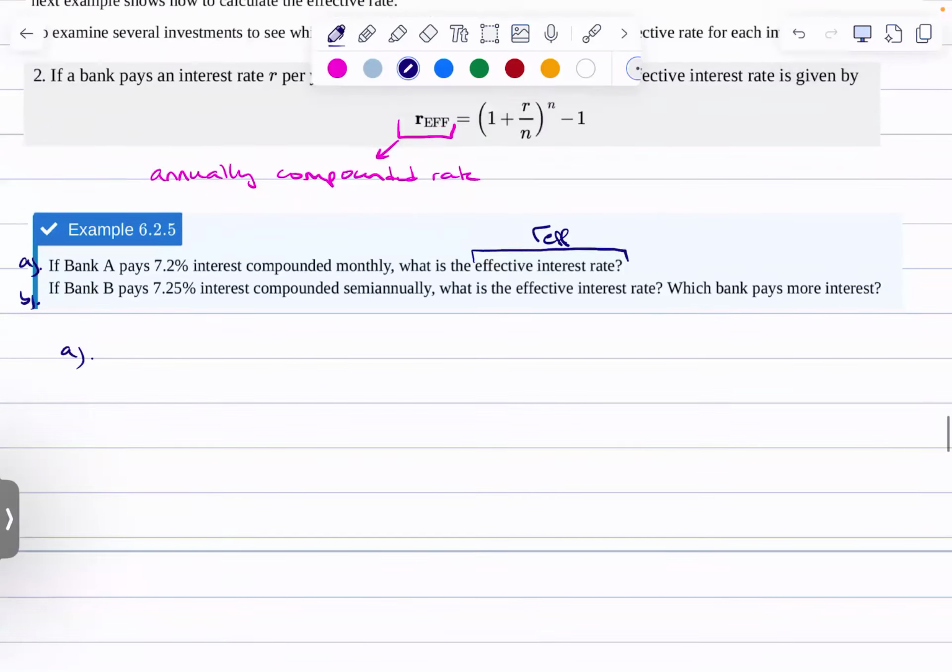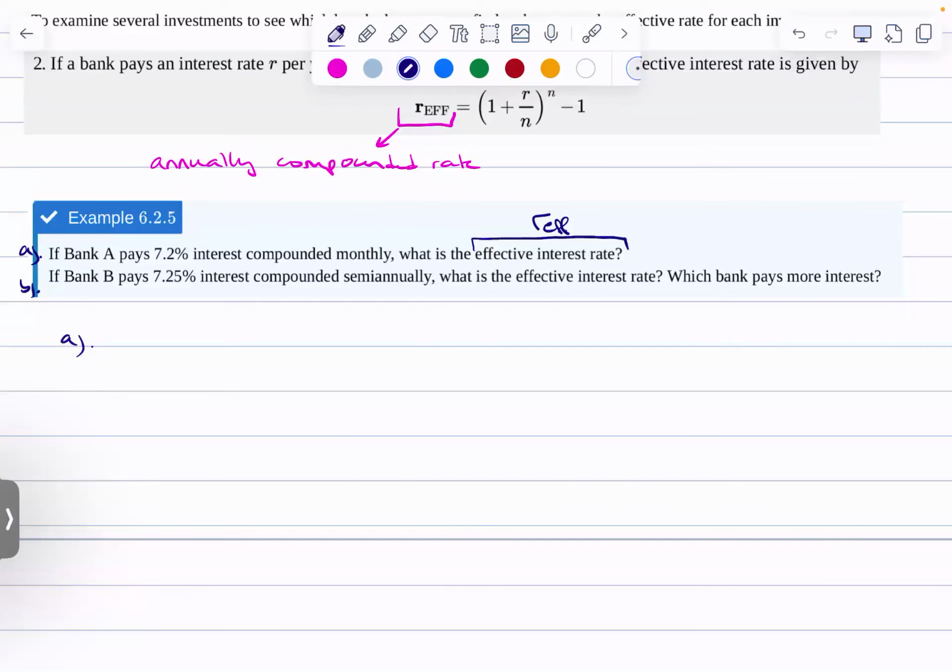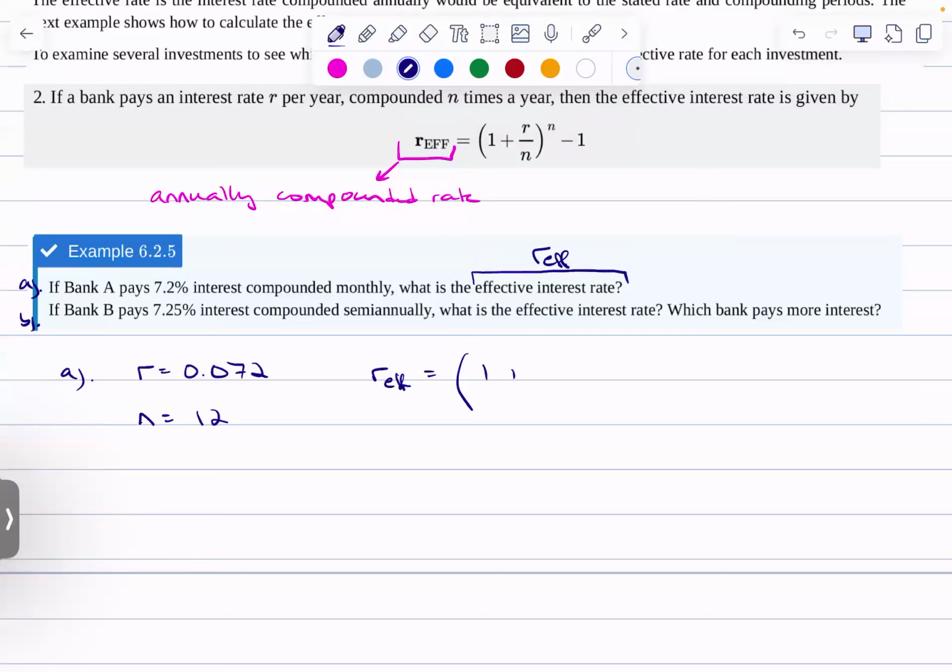Part A, we have R is 0.072, compounded monthly, so n is 12. And we want to find the effective rate, which from above is 1 plus R over n to the power of n and then minus 1.